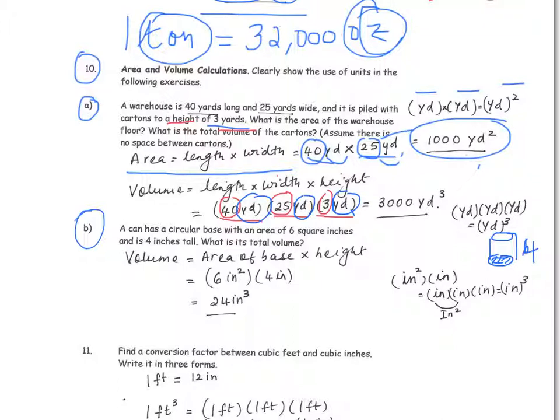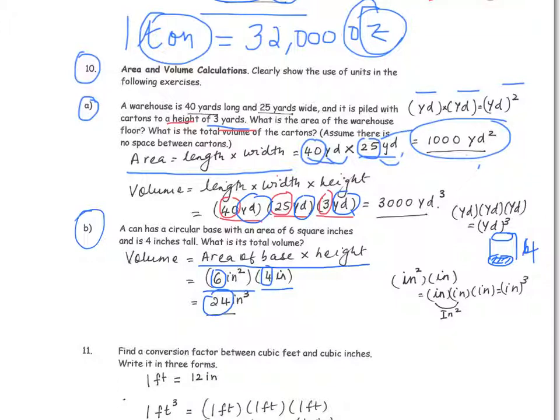So volume in general of a solid is the area of the base times height. So we are given the area 6 inches squared. The height is 4 inches. We multiply the numbers 6 and 4 to get 24.